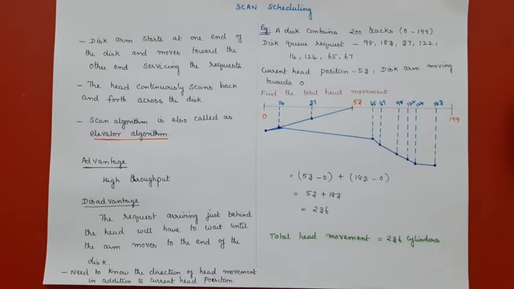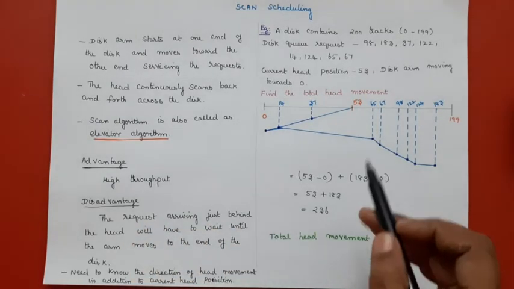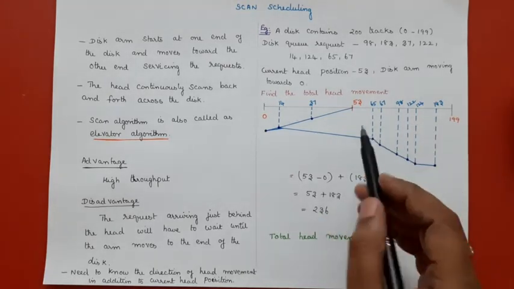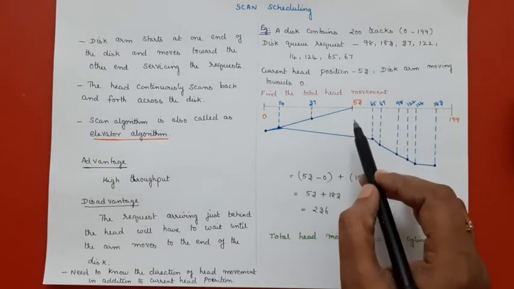The main advantage of the SCAN algorithm is that it has high throughput, and the main limitation is that a request arriving just behind the head will have to wait until the arm moves to the end of the disk. For example, here you have a head position. In this example, 53 is the head position.